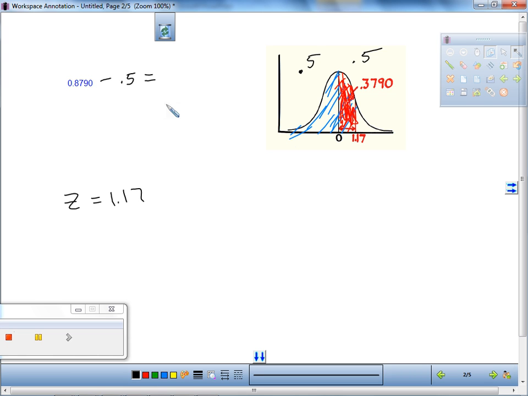When we do that, we end up with 0.379, and that is the area from the mean, our x-bar, to that z-score. This would be the probability. If we wrote it as a percentage, 37.9% of the data falls from the mean to a z-score of 1.17.